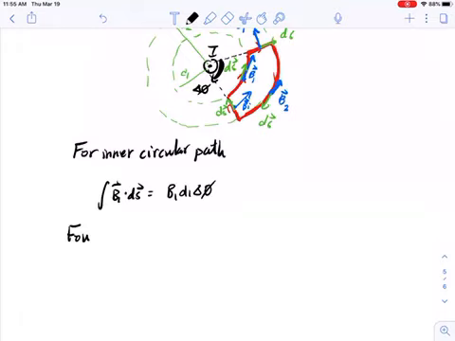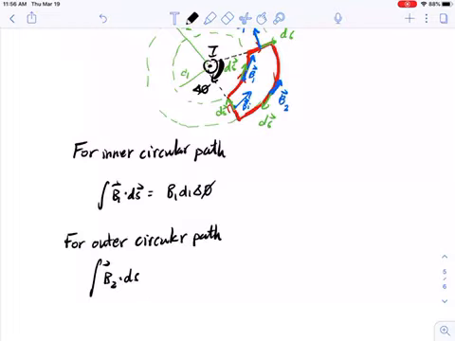For the outer circular path, we're going to have a B2.ds. It's going to be similar to what we calculated before. We'll get a B2 d2. The angle is delta phi.